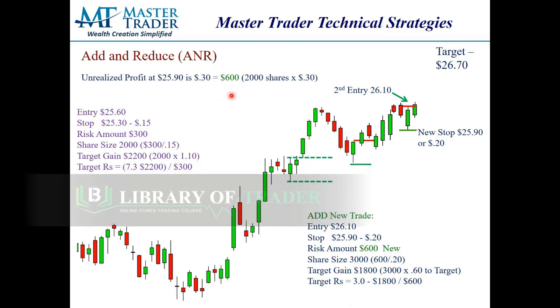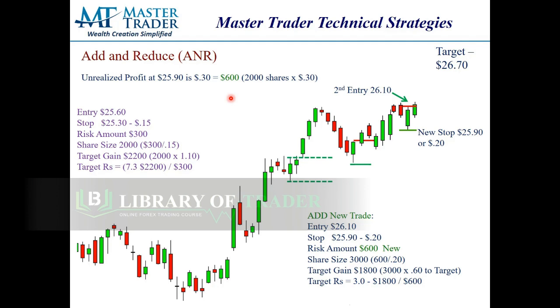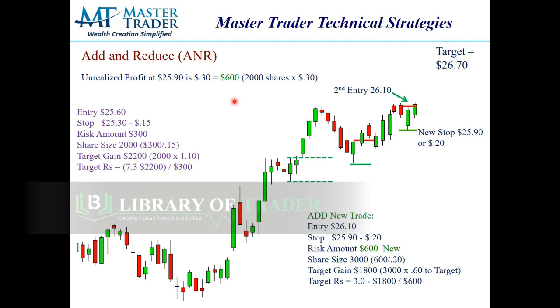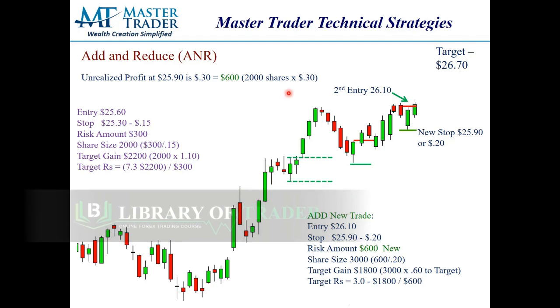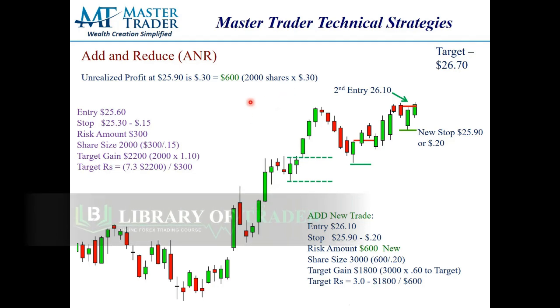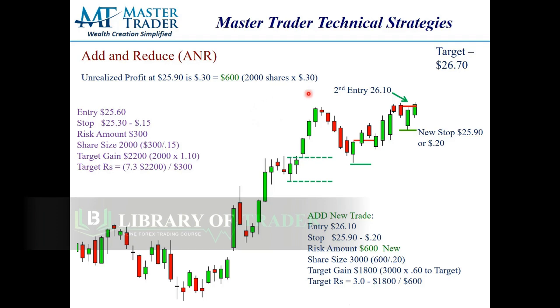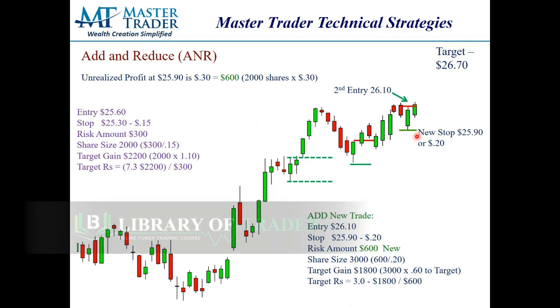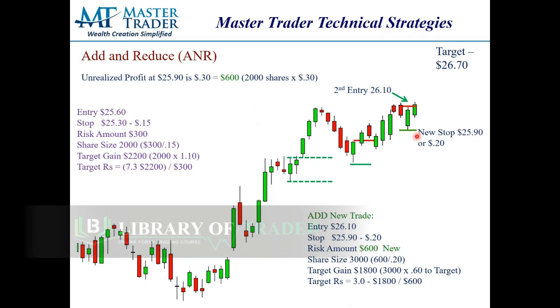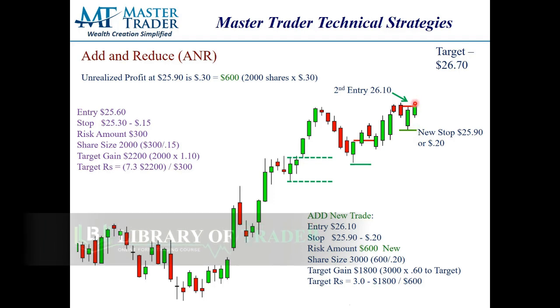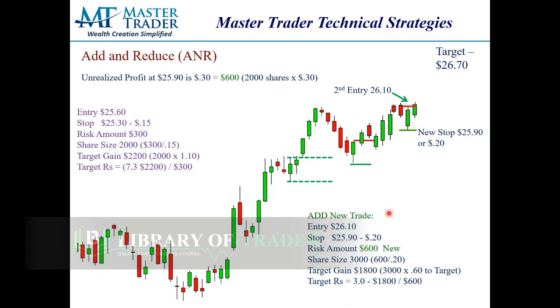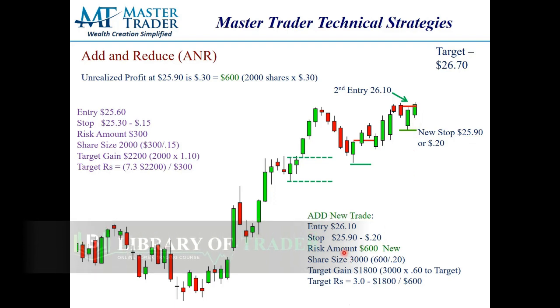And this is where everyone is now confronted with: do I take my $600? That's a nice profit. We've risked $300 and we have $600 at this point if we were stopped out. So what are we going to do? Well, we have a choice. We can add to a new trade at this point with an entry of 26.10. We have a stop of 25.90.